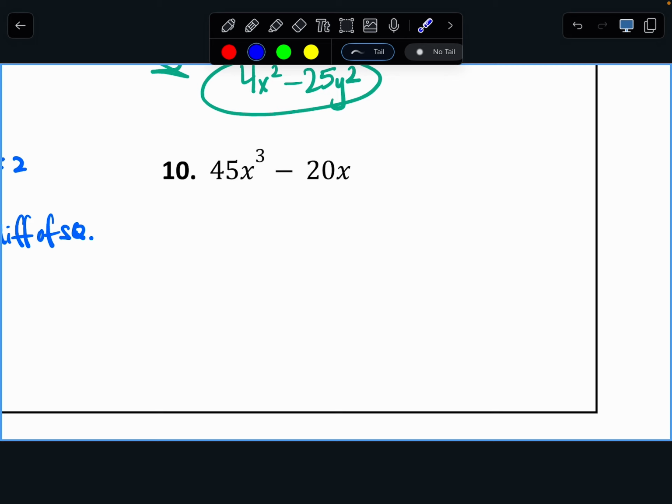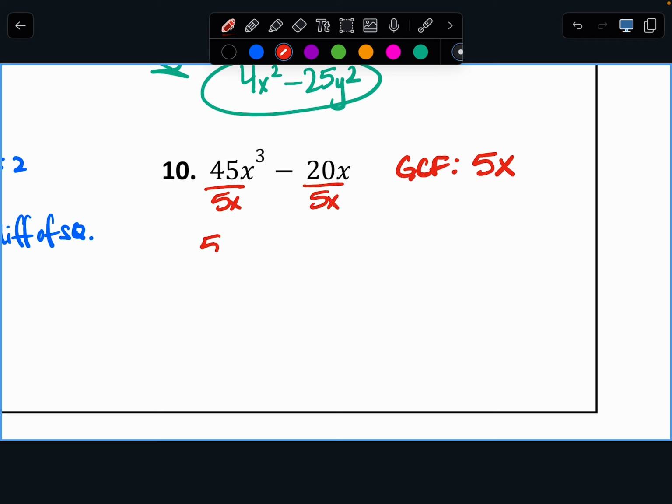And there's an X in both terms. So my GCF is 5X. So when I divide by 5X, I get 9x squared minus 4.